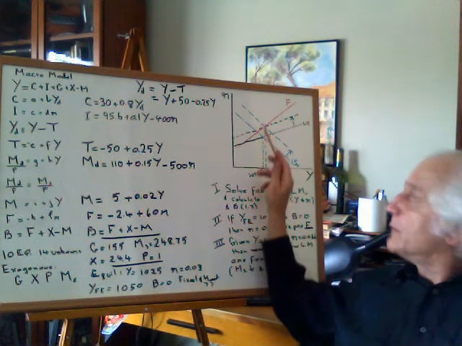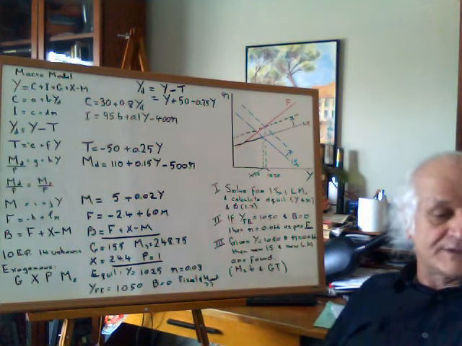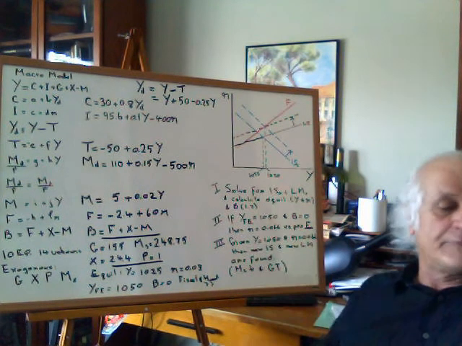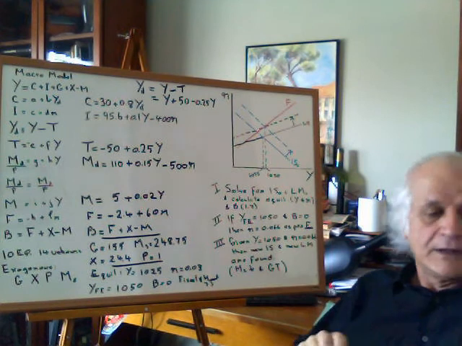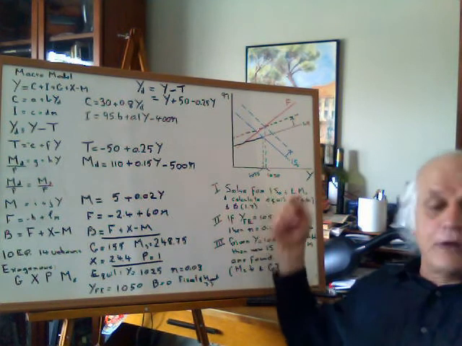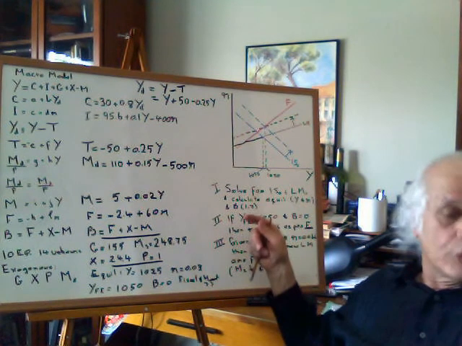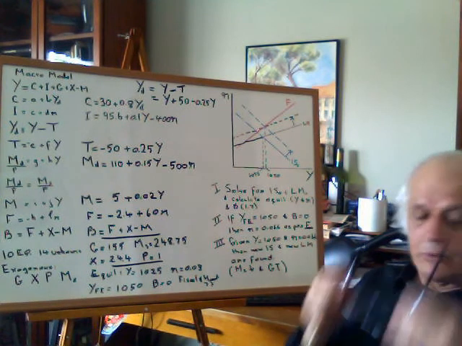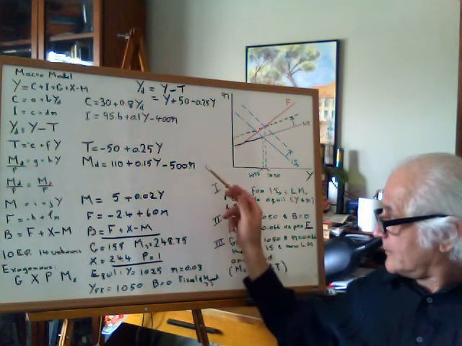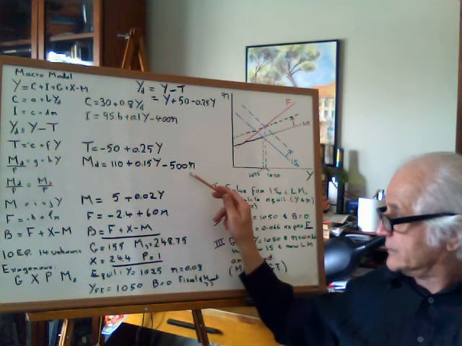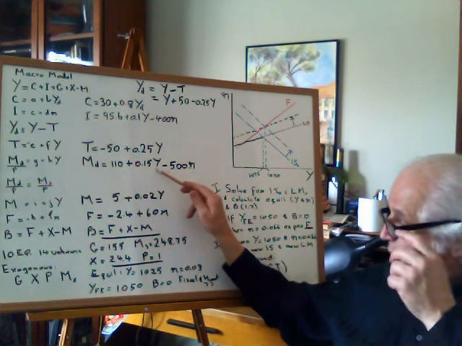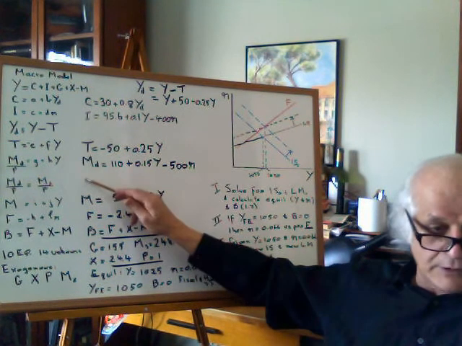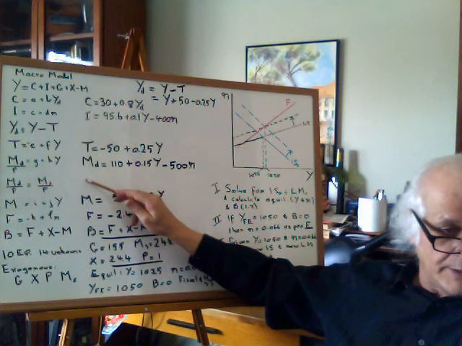I calculated my interest rate over here to be 0.6, so I will find out how much I need to have my government increase. I will do more or less the same thing for the LM. I know my interest rate, I know my new level of output, so I'll be able to calculate my new money demand.